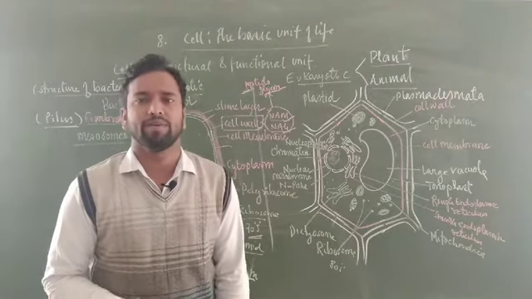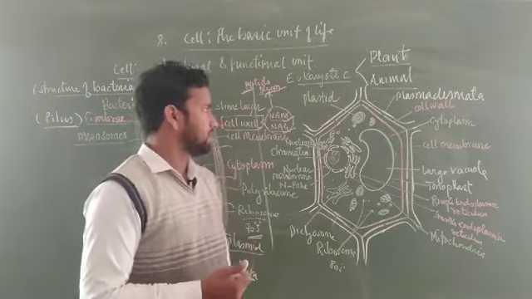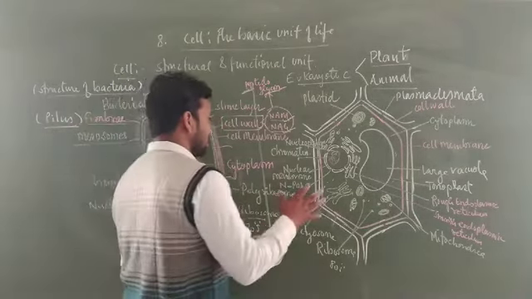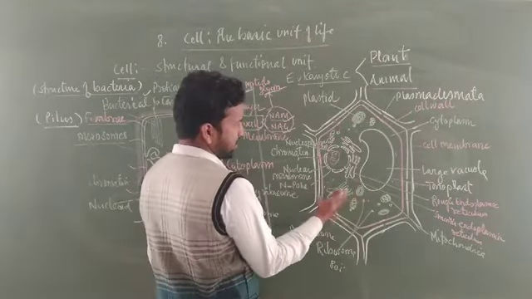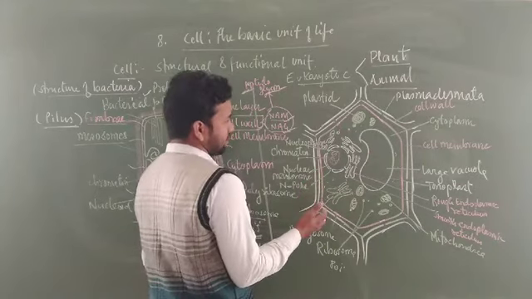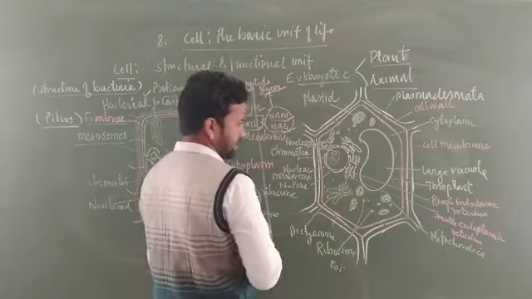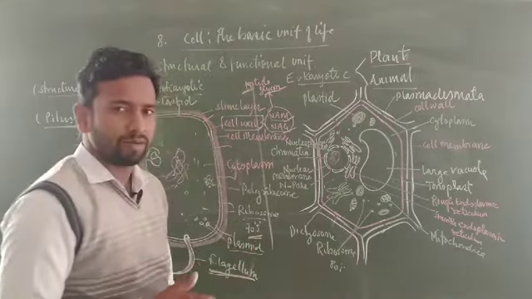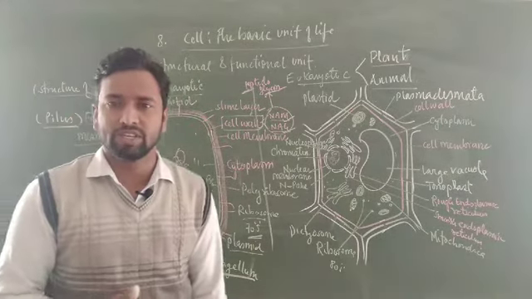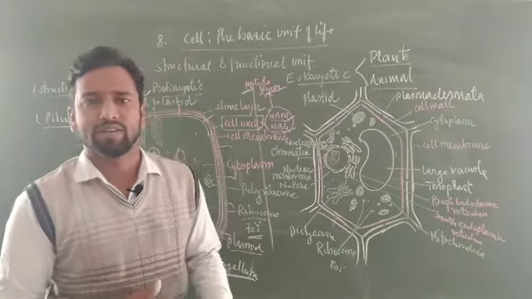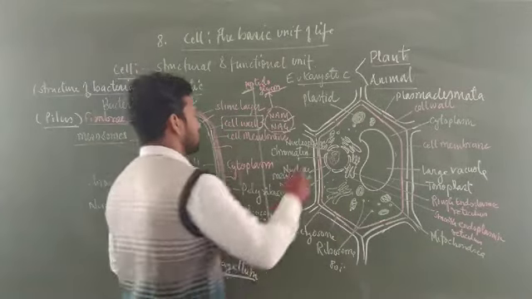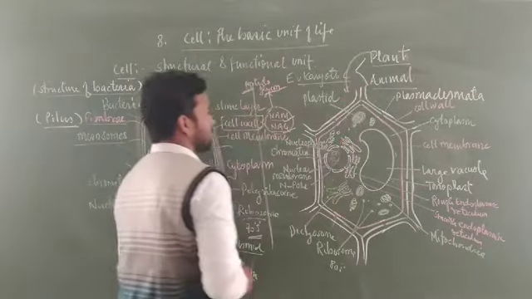If protoplasm is living, all cytoplasmic cells are at work, all cell organelles are performing work. It means that the cell is life, the cell performs function in the body, and the body also performs function on the basis of the cell. This is the structure of the plant cell, students.